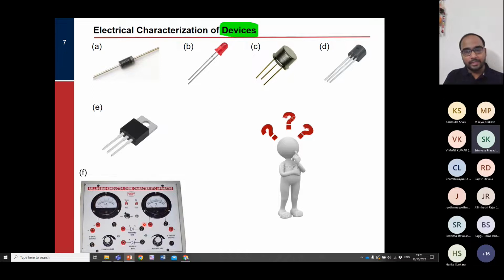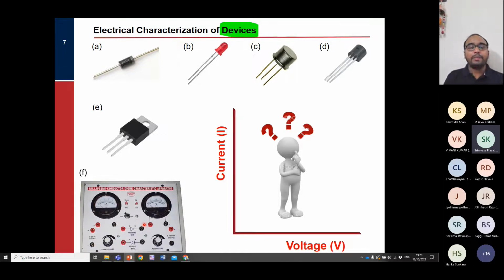Whatever the case, if I want to know how this particular device behaves, then I have to measure the current versus voltage curve, or the dependence between these two variables. If I do the measurement, I get certain types of trend, and from there I can say whether it is ohmic or rectifying, or if it is giving us some other kind of effect, etc.